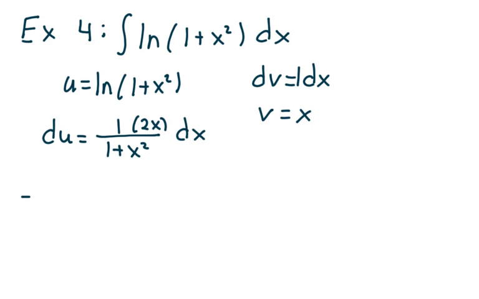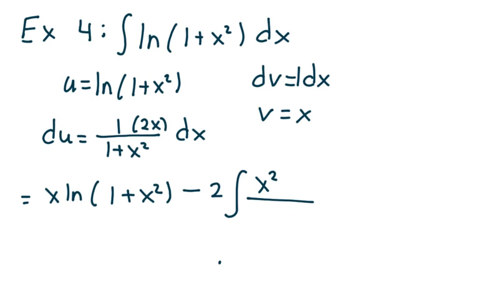And so this is equal to x natural log of 1 plus x squared. And I'm going to subtract twice the integral of x squared over x squared plus 1 dx. So I do uv minus the integral of v du.